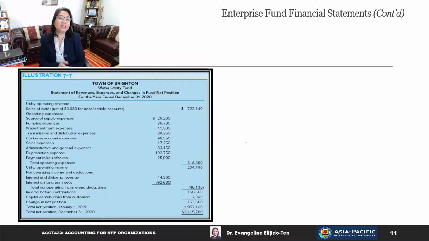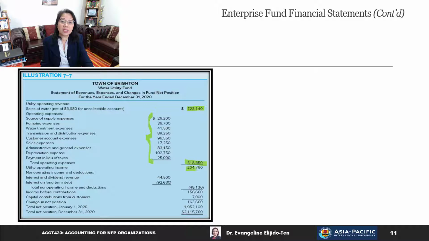This is illustration 7-7, and it shows the town of Brighton's statement of revenues, expenses, and changes in fund net position for water utility fund. And as you can see, it follows the normal format where you will have the operating revenues, the sales of water that we have looked at. Then you've got the operating expenses, total operating expense.